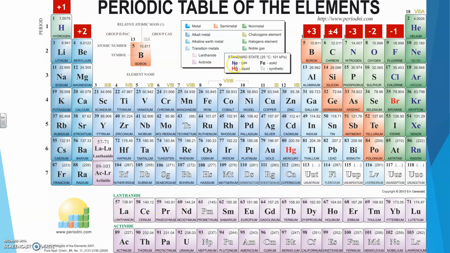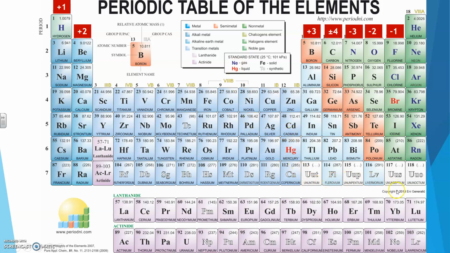So this here is showing you that key. The ones written in black are solids at room temperature. The ones that are just the outline are synthetic, so they were created in a lab. The two red ones, mercury and bromine, are the only two liquids, and the blue ones are the gases.